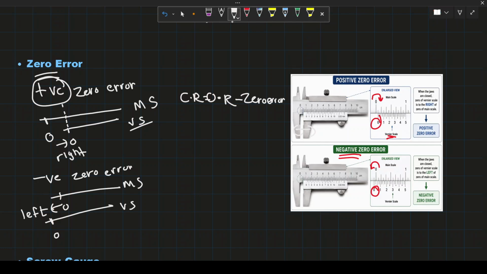Here, zero error is basically your least count multiplied by the coinciding division, and for negative zero error it is minus of least count multiplied by, let's say there are 10 divisions, so 10 minus the coinciding division. Don't worry, I'll take questions in the next session.